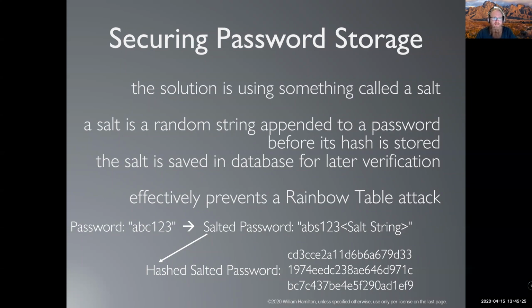Once we've concatenated those, we hash it and save that value. In the future, when we authenticate a user and they provide a username, we add that same salt onto the password they provide, apply the hash function, and see if it matches our salted hash.